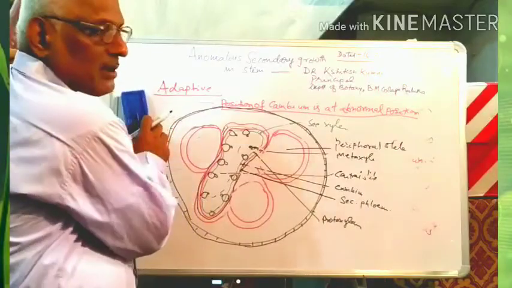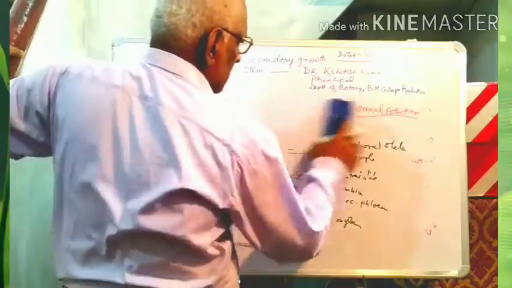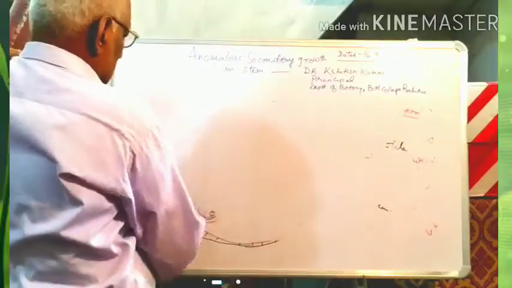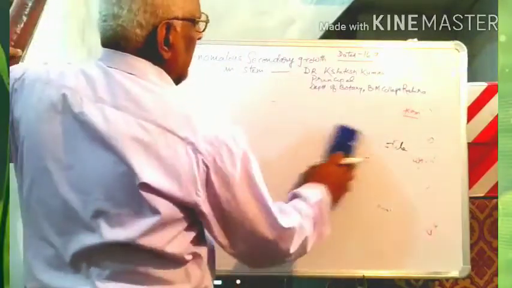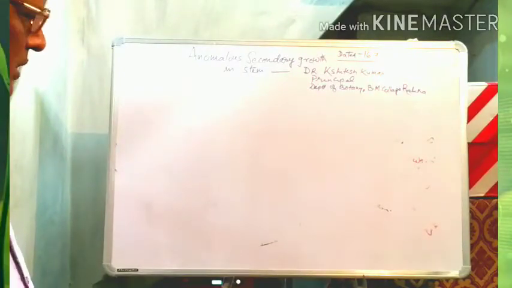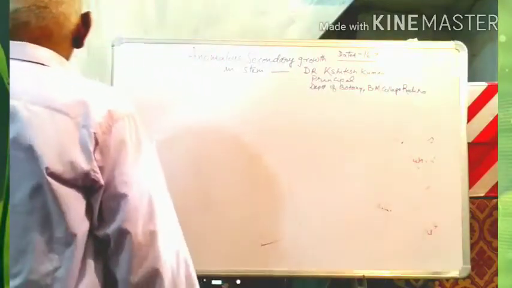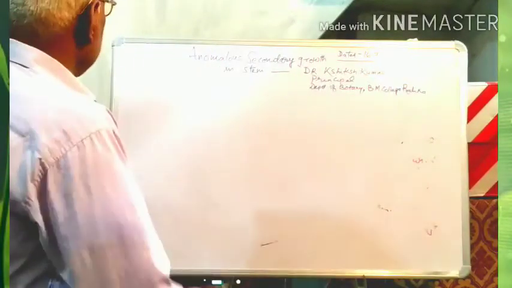Next type of this adaptive abnormal secondary growth, in which cambium is also at an unusual position and its function is also unusual, is Bauhinia.